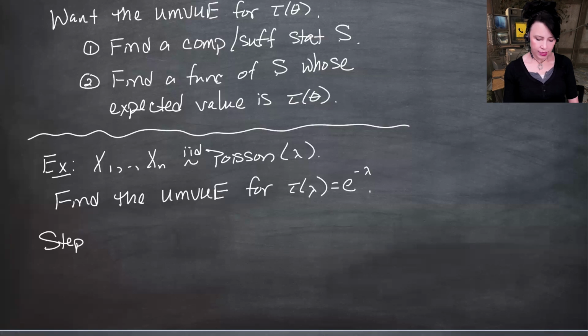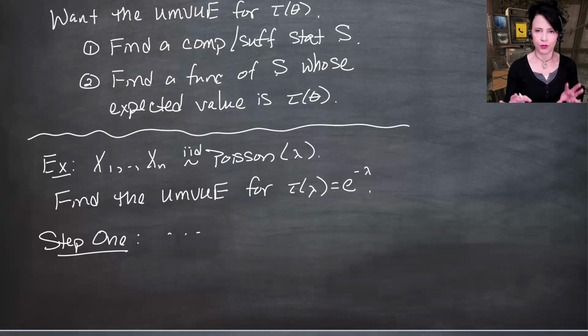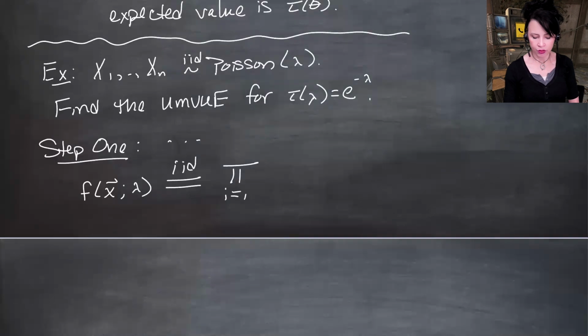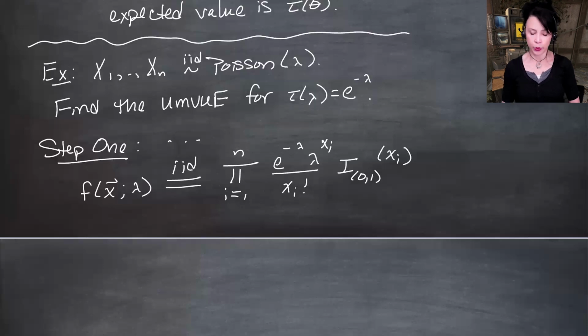Okay, so step one is to find a complete and sufficient statistic. Since it's written on the slide right here, I won't rewrite that. And because the parameter is not in the indicator here, the first thing I'm going to try is the exponential family factorization. So let's try to write down the joint PDF. Because we have IID random variables, this is a product as i goes from 1 to n of e to the minus lambda, lambda to the xi over xi factorial, times an indicator that says that xi is between 0 and 1.